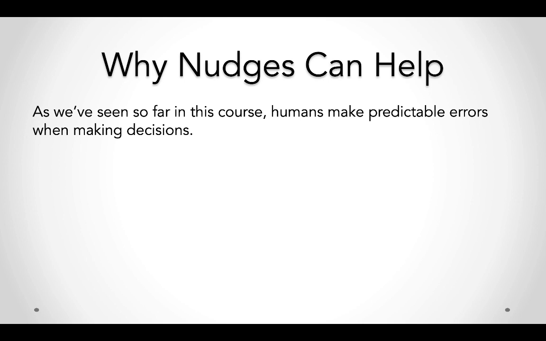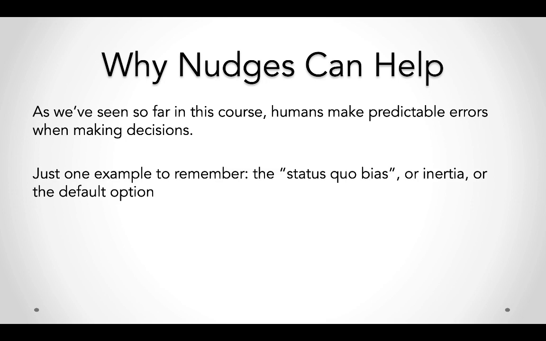Why do they help? Well, humans make systematic and predictable errors when making decisions. If you remember the status quo bias, the inertia, the default option that you find very often when choosing a new cell phone. When you got your new cell phone, you're learning how to fix it and how to use it and everything.